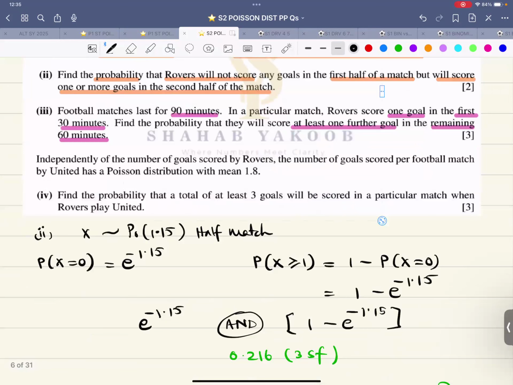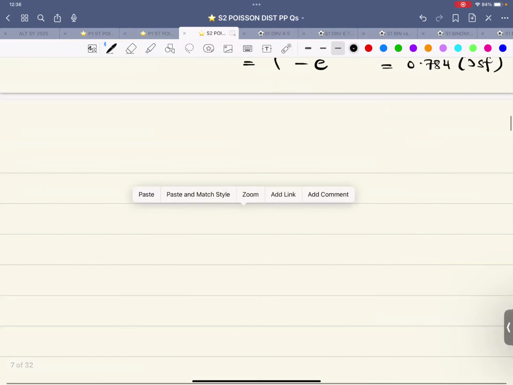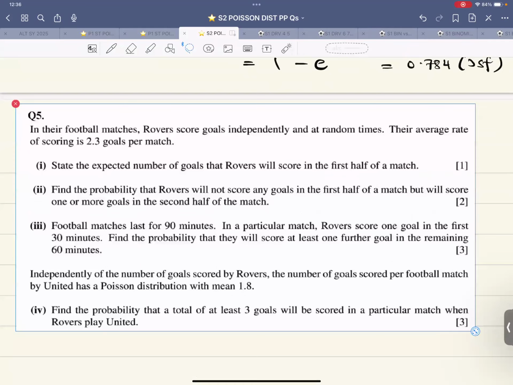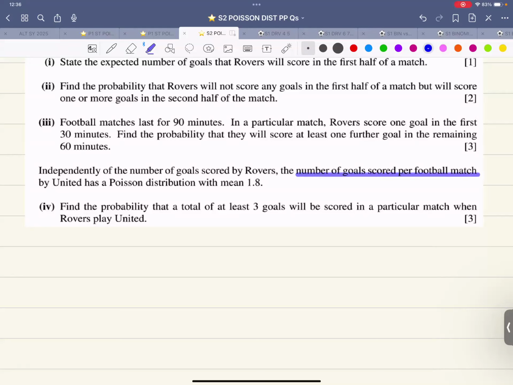Now, they're talking about another team, and I need more space. So let me add a page over here. Now it says independently of the number of goals scored by Rovers, the number of goals scored per football match by United has a Poisson distribution with mean 1.8.